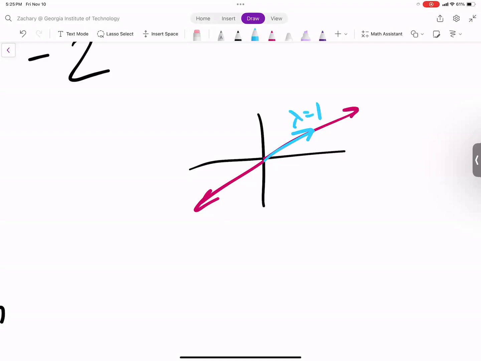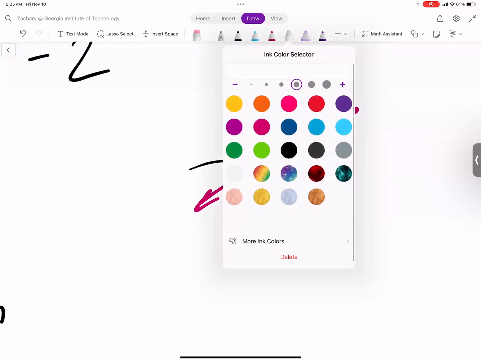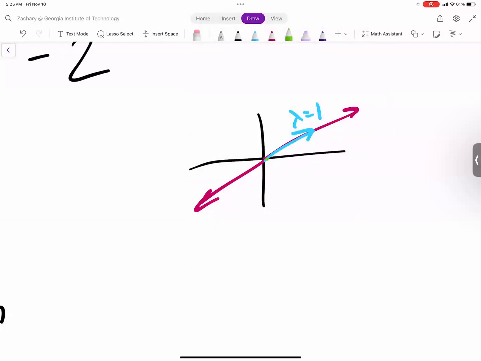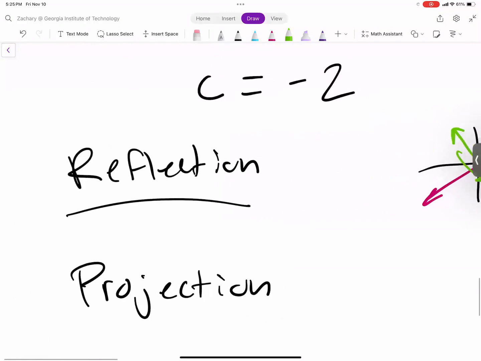Okay. If something is sticking straight off the line, what's going to happen to it? It's a large room, y'all. Can't hear everybody. It's going to flip over, right? It's going to go exactly to the other side, which is the same as multiplying by what? Lambda equals -1. Okay.